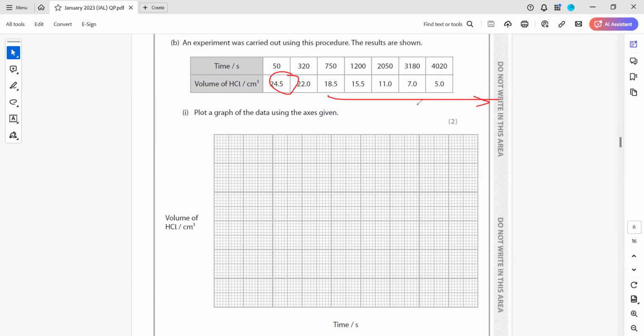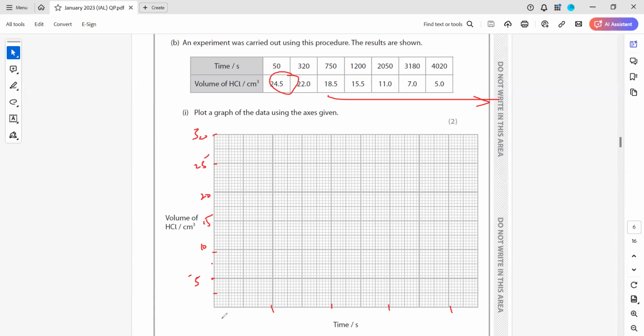So if we use 1000, 2000, 3000, 4000, it will be so small. If it is 5, 10, 15, 20, 25, and then 30, this we can do.